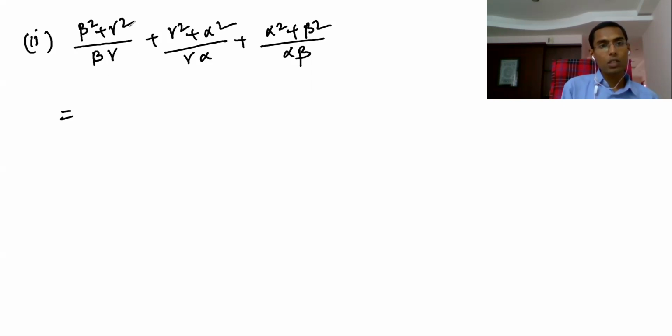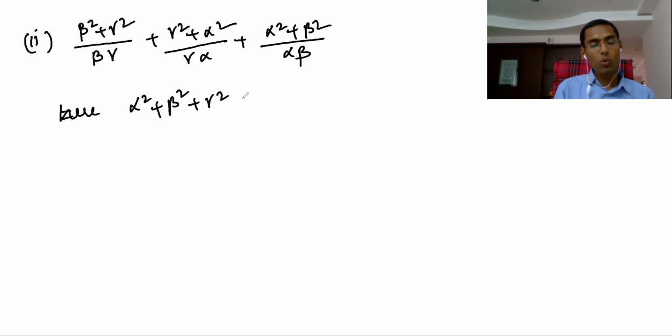But actually here, we already found alpha square plus beta square plus gamma square, that is alpha plus beta plus gamma whole square minus twice alpha beta plus beta gamma plus gamma alpha, which is p square minus 2q.